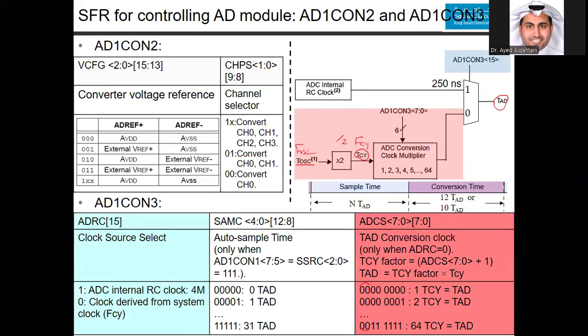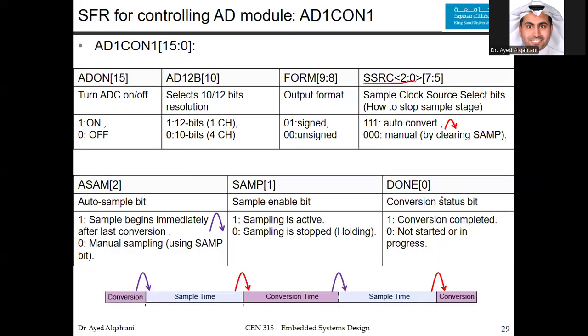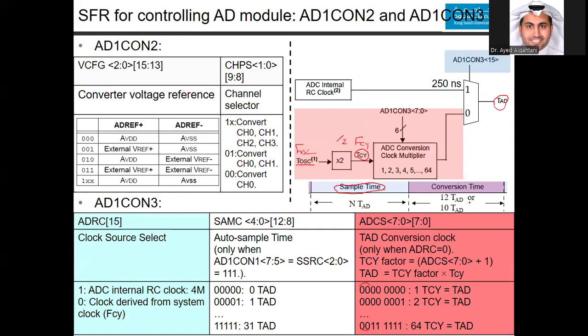Now, for the sampling time, the auto sampling time, and for the conversion time, it's obvious. Whatever choice you make, 10 or 12, based on this bit. So this bit tells you the value here. So we're done with this one. It's easy. For this one, also easy. The sample time, you can specify it if you use automatic sample for the SSRC.